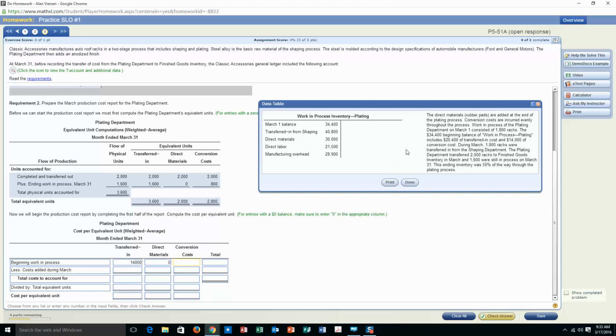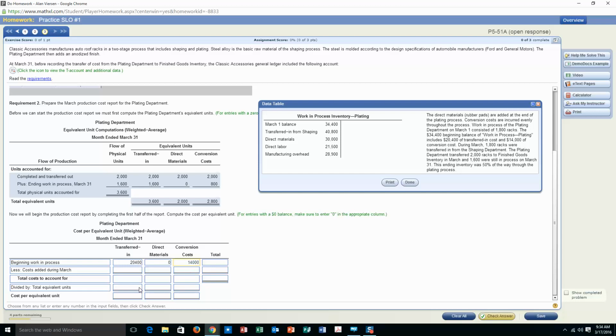And for the conversion costs, over here it says the beginning balance work in process, when it transferred in was 20,400. Whoops, made a mistake there. 20,400, and 14,000 for conversion.